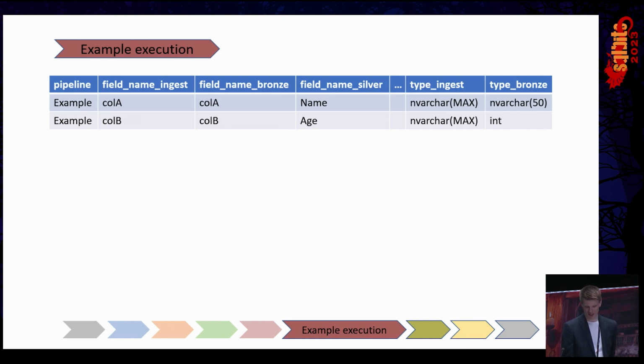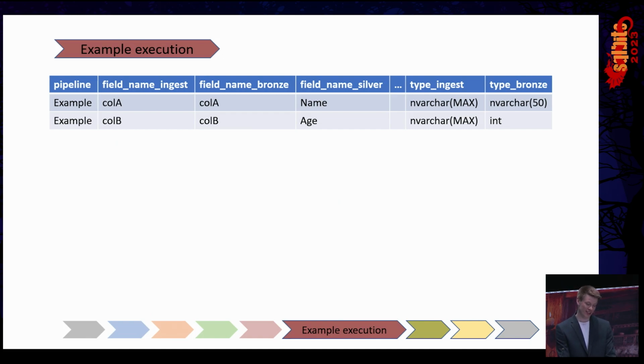When you ingest something into a Parquet file, often you end up with some nvarchar max or 8000. And you don't necessarily want to keep it that way to make this efficient. Then you have to cast it to something, and here you have what you're casting it to. And this could change between your layers for some reason. Normally it doesn't change so much after bronze, but it could change.